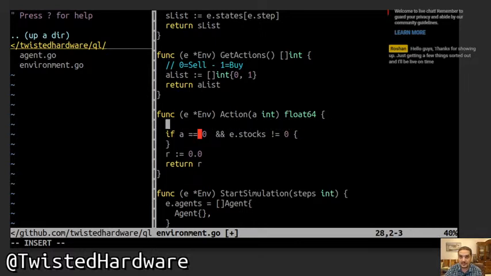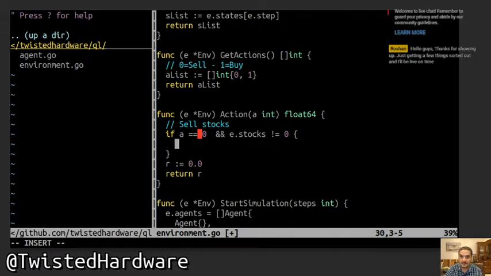So let me write a comment in here: sell stocks. Okay, so if the action is 0 and the number of stocks I have is not equal to 0, then sell the stocks. So first thing we do is we need the price of today.